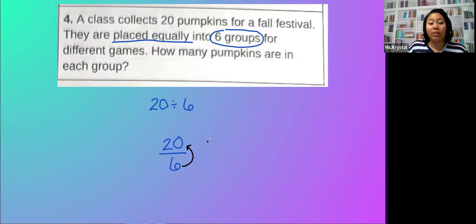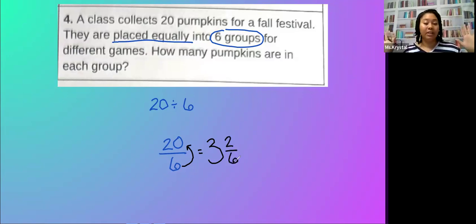So we stop with our 3. Now it's time to see the distance between 18 and 20. So we say 18, 19, 20, and we're left with 2 as our remainder and 6 as our denominator.